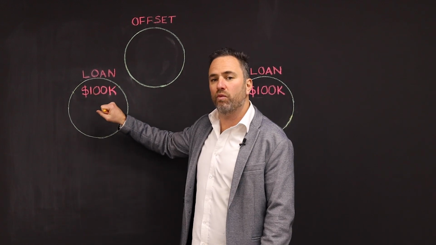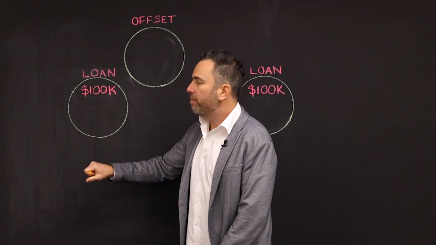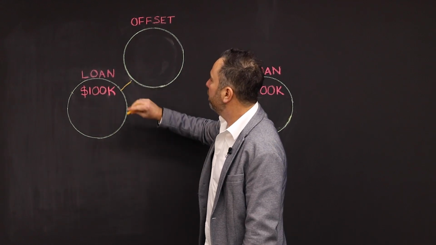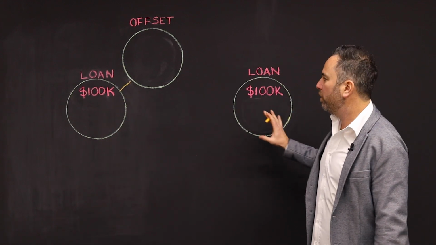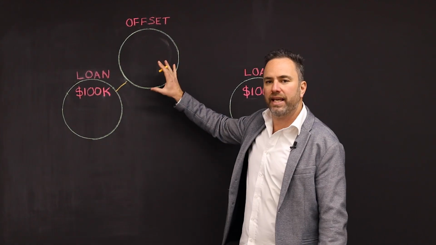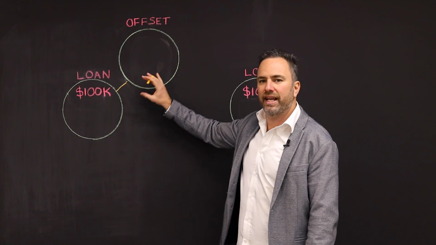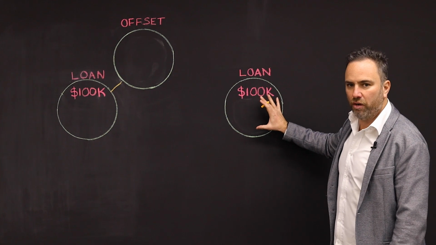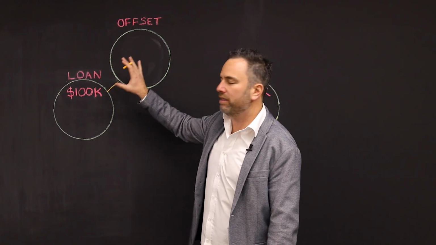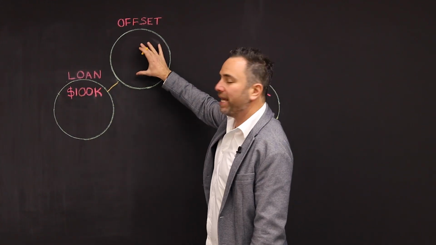It also has a redraw feature within it, but attached to this particular loan is an offset account. So fundamentally, that's the key difference I want you to understand: a loan with an offset account has the offset as a separate account. Here, two accounts: one loan account and one bank account.